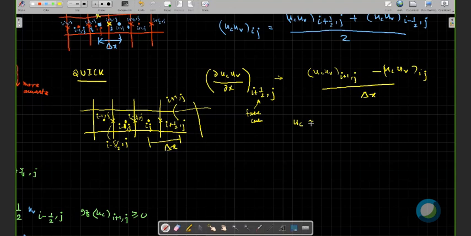as an average. So you see at I plus 1j, it will be the average of these two, I plus half j and I plus 3 by 2 j, divided by 2.